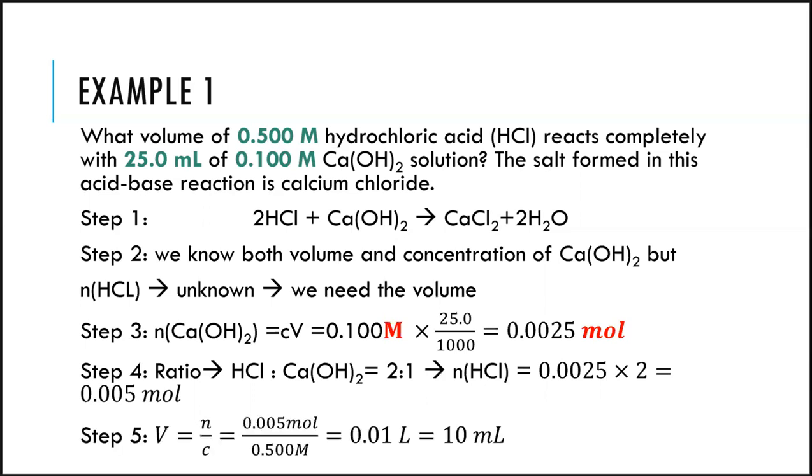Then we rearrange the concentration formula to make V the subject, and put in n, the amount in mole of HCl we found, divided by its concentration, which is given in the question, to find the volume needed for this neutralization reaction to go forward.